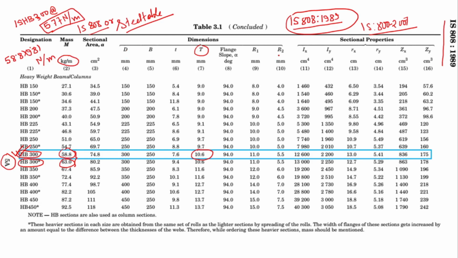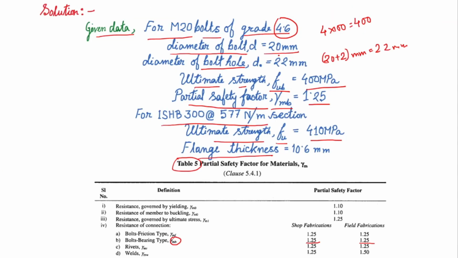That diagram is available on page number 5. If you go through page number 5, you can easily understand. So the flange thickness taken from the table is 10.6 mm.